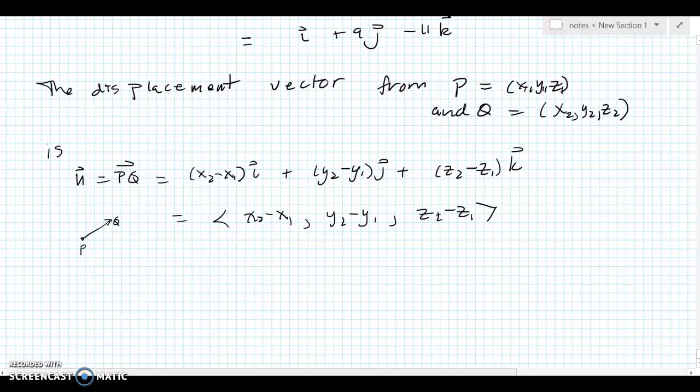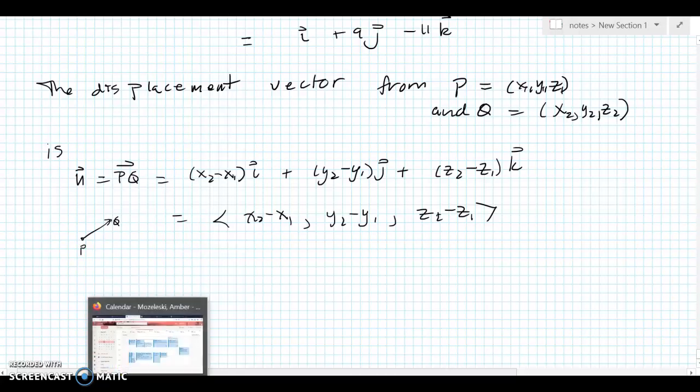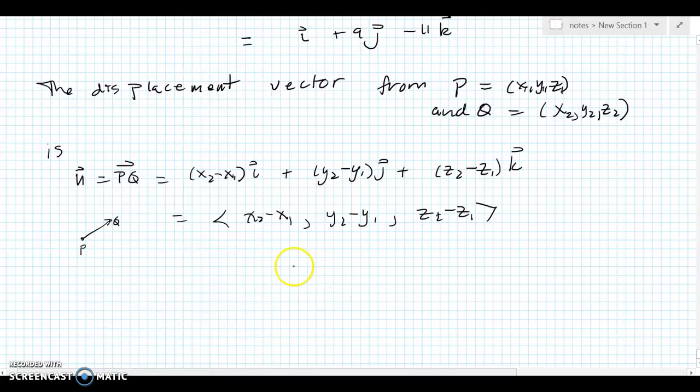Okay, and now we're in 3, right? We're in 3. So the magnitude here when you're in 3 space, right? There's i, j, k. There's our 3 different points. So we need magnitude now in 3 space.